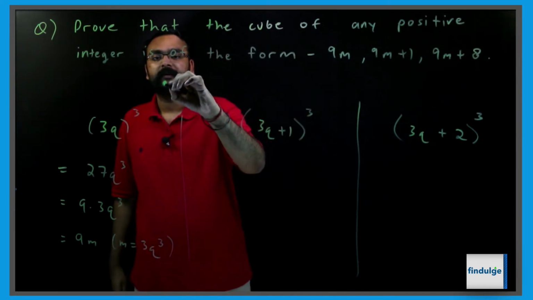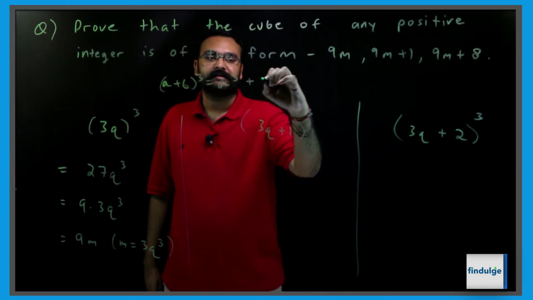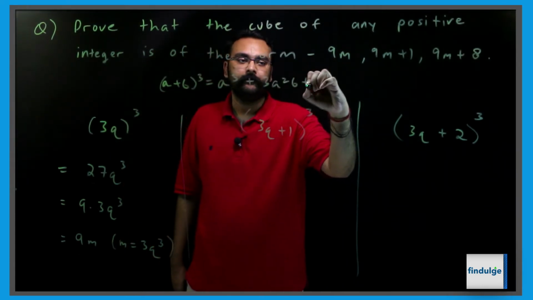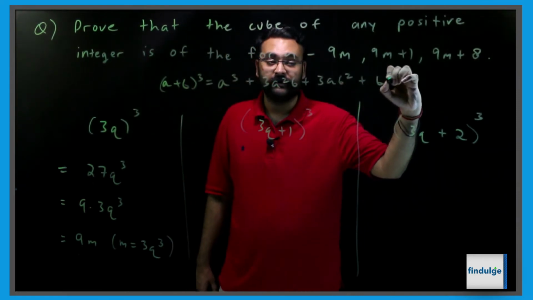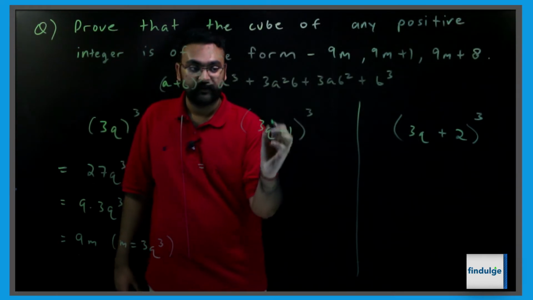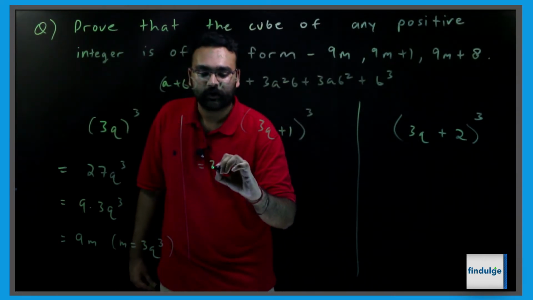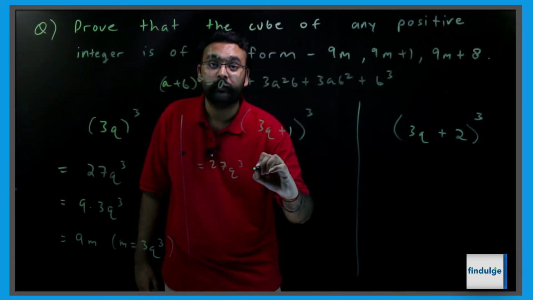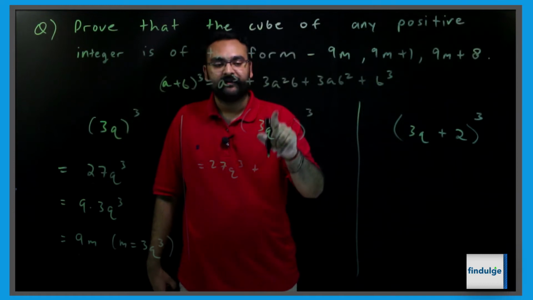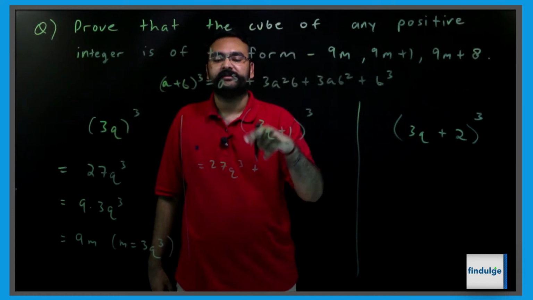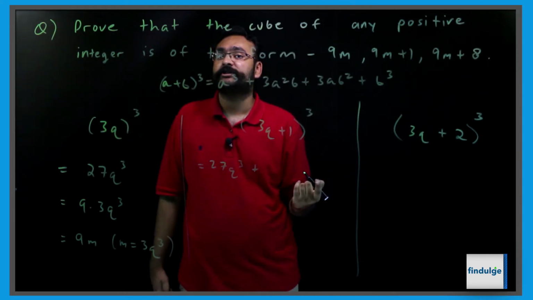I'll write it here. a cube plus 3a square b plus 3ab square plus b cubed. So first term cubed, 3q cubed, we already know that, 27q cubed, plus 3 multiplied by a square, which is 9q square, multiplied by b, in this case just 1.